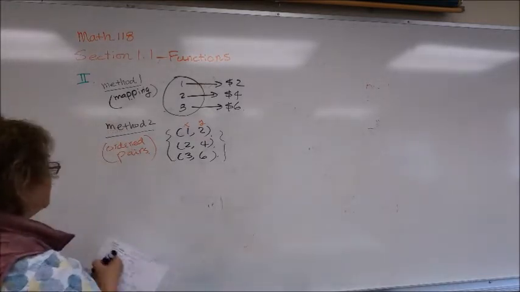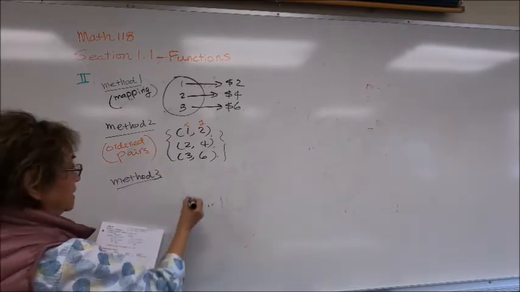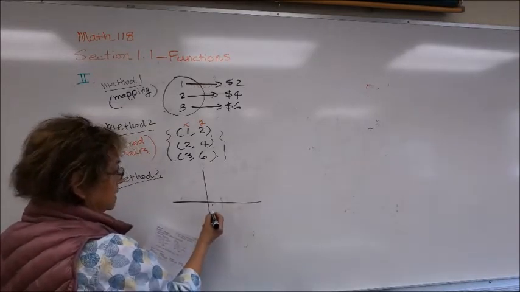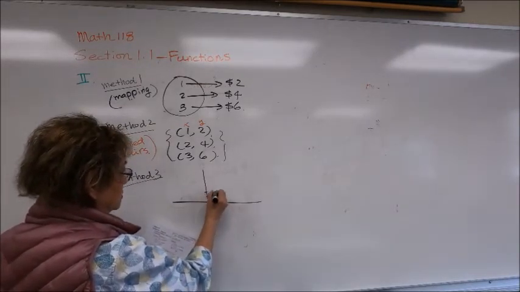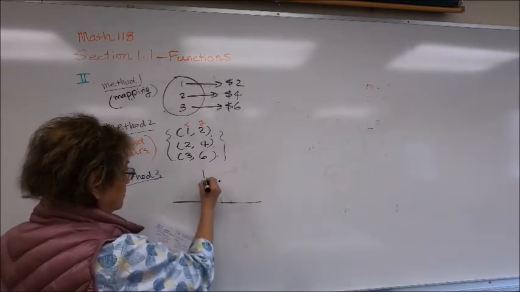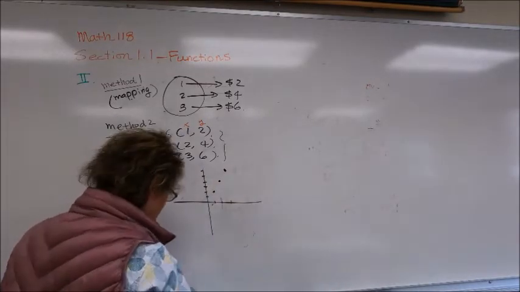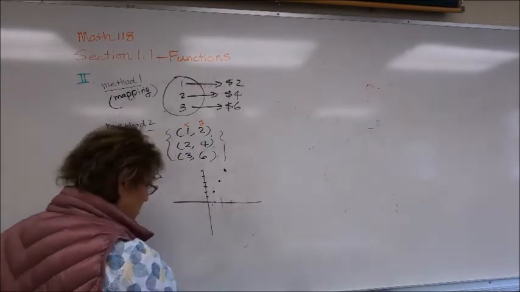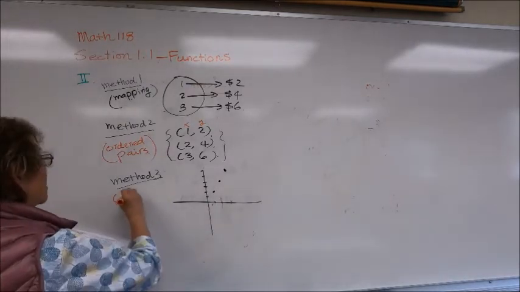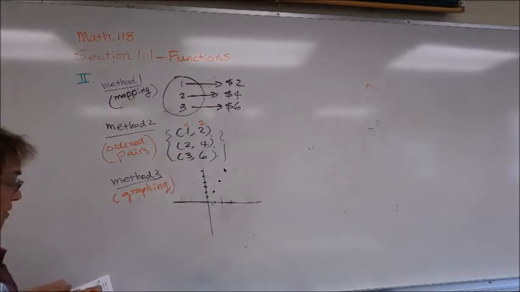Another method we have is this way. Have you seen this before in your 152A class? (1, 2), (2, 4), (3, 6). Things like this, and they are ordered pairs. It shows on the graph. We call that graphing.